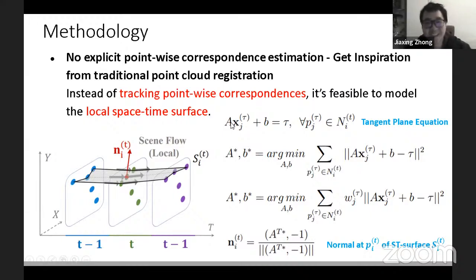Why does this equation need to be equal to tau? Let's imagine this is the t domain.